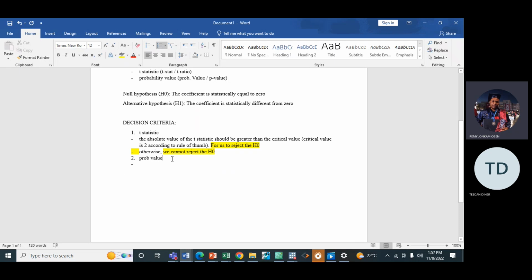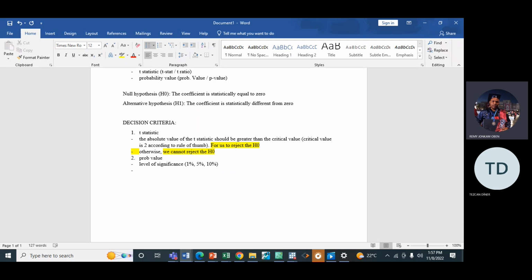But if we want to make this decision using probability value, it's even easier, and I like using probability value. We need to consider the level of significance. Of course, I told you we have 3 levels of significance, right? We have 1%, 5%, and 10%.